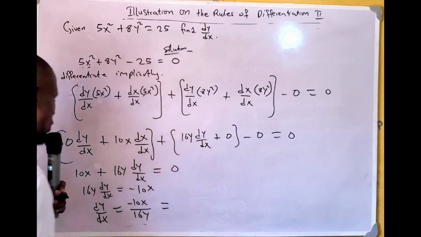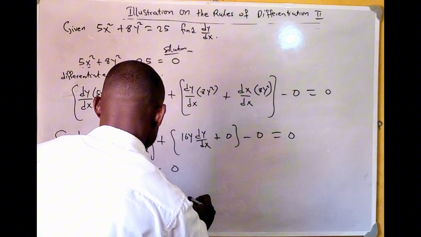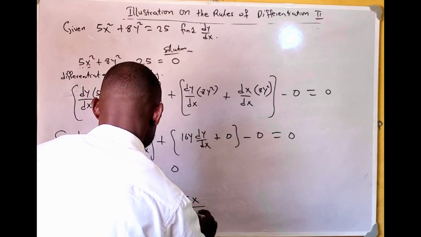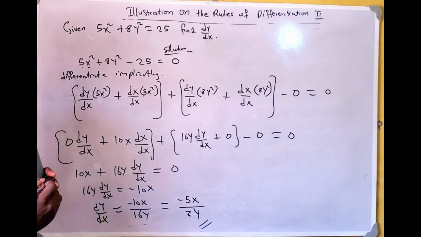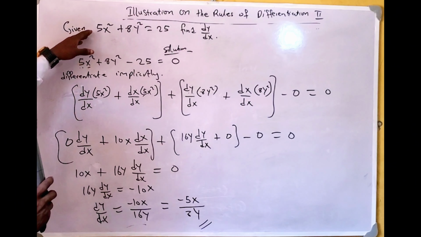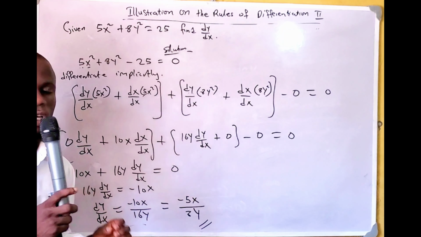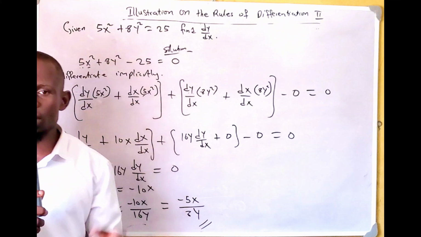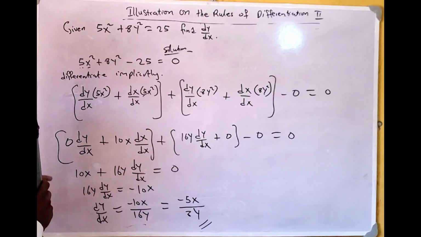And this is equivalent, dividing by 2, to minus 5x all over 8y. That is the derivative of the function we are given. It is an implicit function, so what we are doing simply is differentiating implicitly, that is, each term separately with respect to x and with respect to y. That's what an implicit function is about.